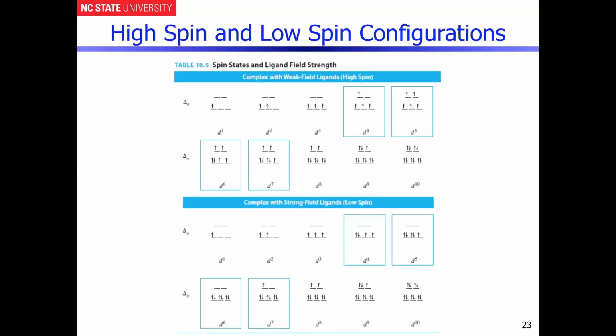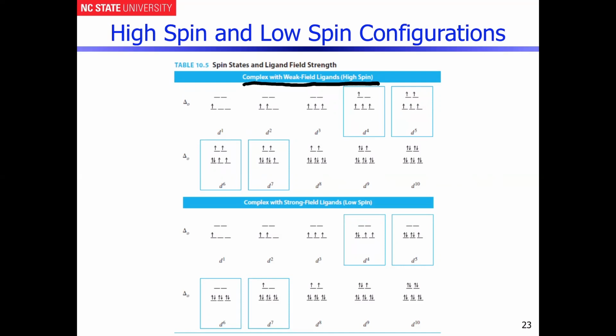So let's go into more general terms. What happens in the top part of this table is these are all the weak field cases. And the weak field cases, remember, give you high spin configurations.